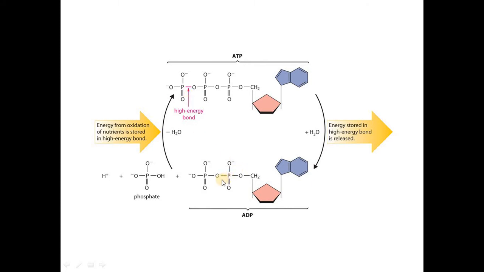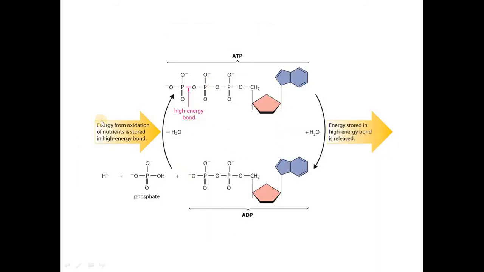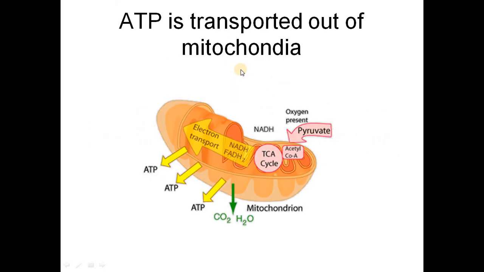You need to force these two molecules to join together to create ATP. That's why ATP synthase needs to make a motion, and it has to move to squeeze together ADP and P so that we can have ATP.